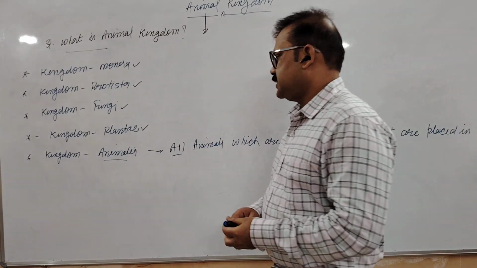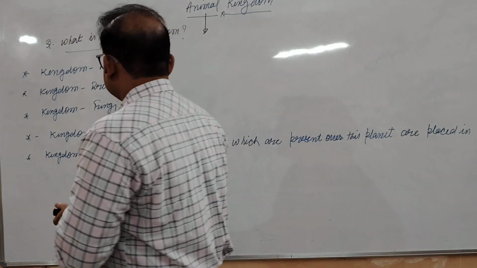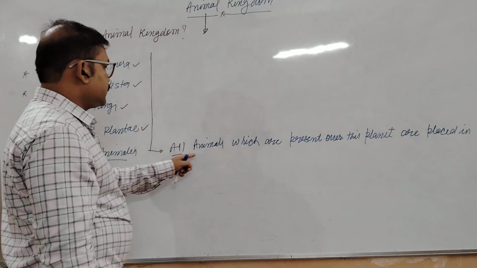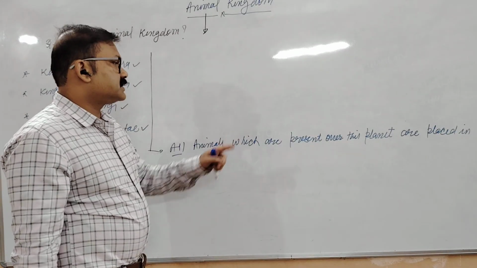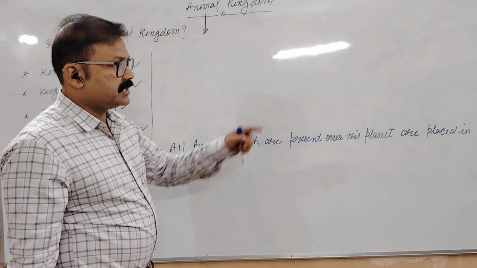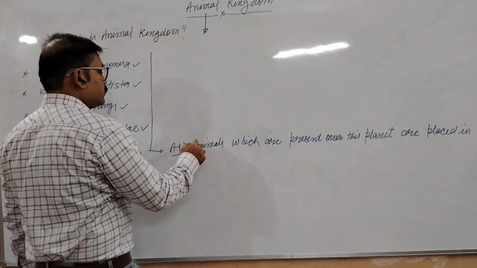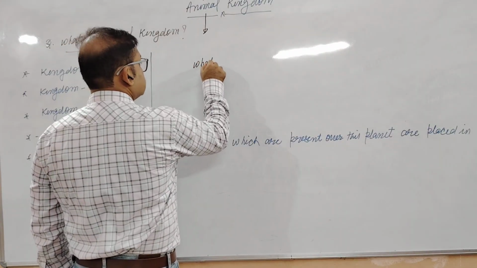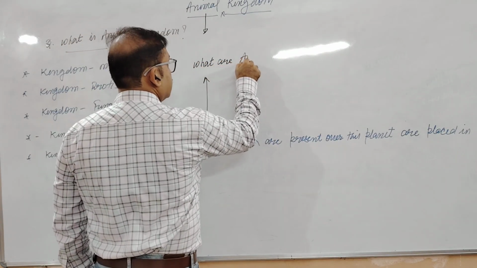And my dear students, you may raise the next question: sir, you told me that all the animals present over this planet collectively form the animal kingdom. Sir, I want to know, what are animals?